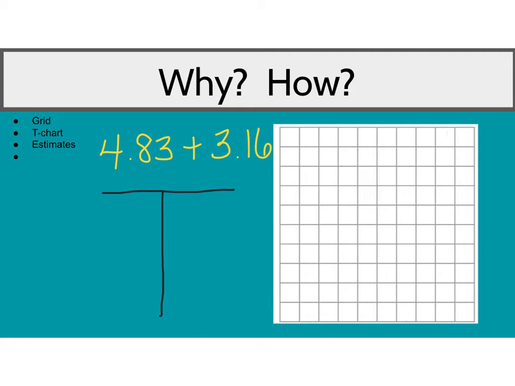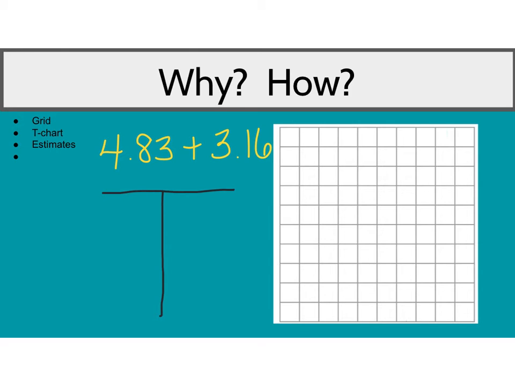One of the most important things about adding and subtracting decimals is making sure that you line up your decimal points. I cannot emphasize that enough. Line up your decimal points. That is going to help you get the correct answer, and using a T-chart is going to help you line them up. So let's see how we would go about that.